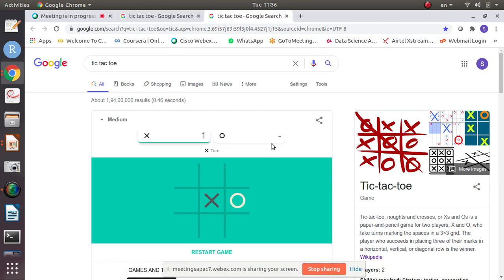Now, can you imagine where should I put my next one? It can be here, it can be here, it can be here. So there are 1, 2, 3, 4, 5, 6, 7 options left because two options are already used. So out of nine, two used, seven more are left. So I am free to use any of these seven.